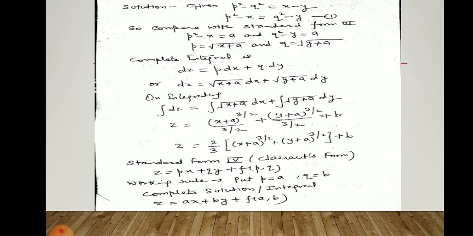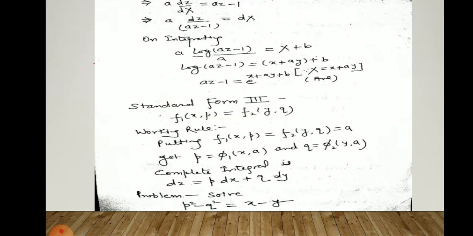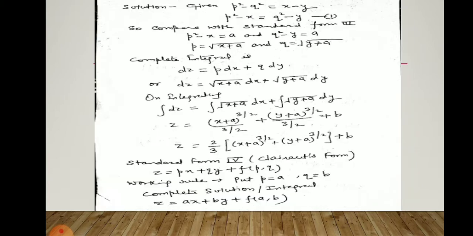So here z is equal to (x plus a) to the power 3 by 2 upon 3 by 2, because we know that the integration of x to the power 1 by 2 is x to the power 3 by 2 upon 3 by 2, and in the same manner for (x plus a) to the power 1 by 2. Similarly, (y plus a) to the power 3 by 2 upon 3 by 2 plus b.